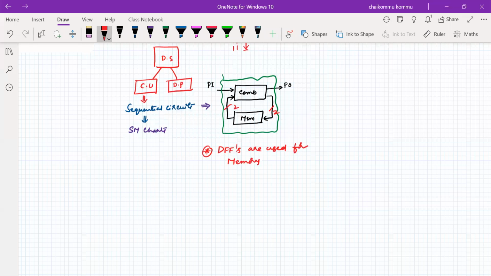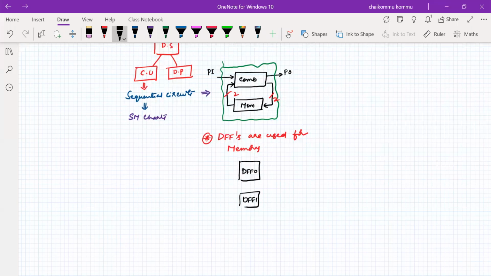For example, 2 flip-flops means something like this. Simple notation I'm writing here. Here we have one memory, a D flip-flop 0, and next one is D flip-flop 1.